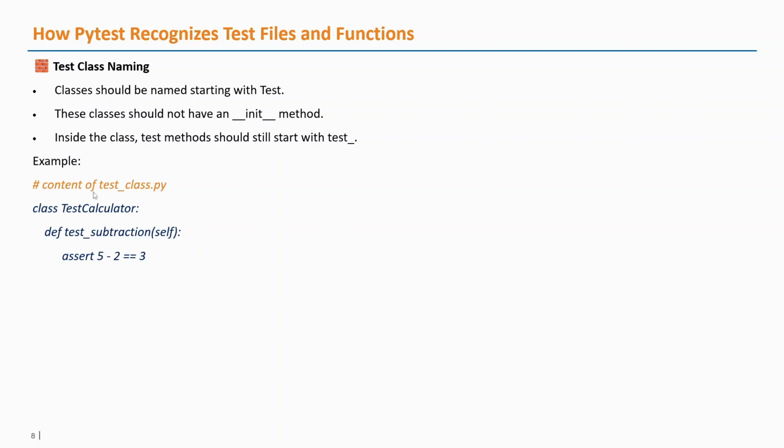A good example is the file name test_class.py, and then you have a class TestCalculator under which you have a function starting with test_. If you follow this naming convention, then Pytest recognizes your test files, test functions, and test classes.